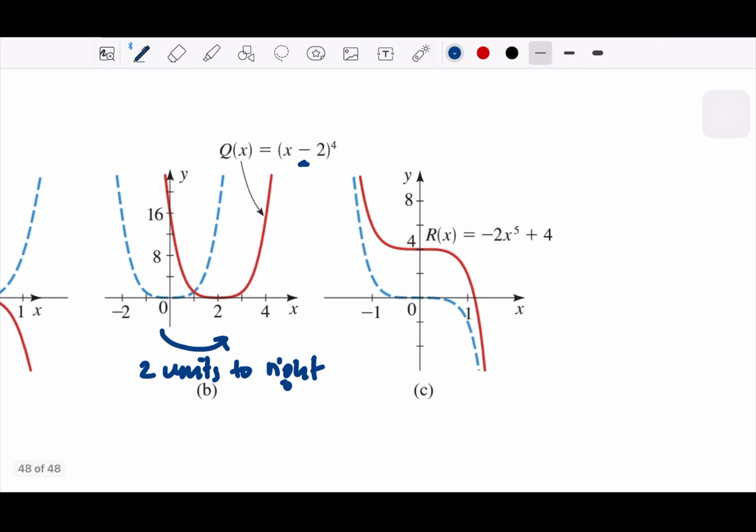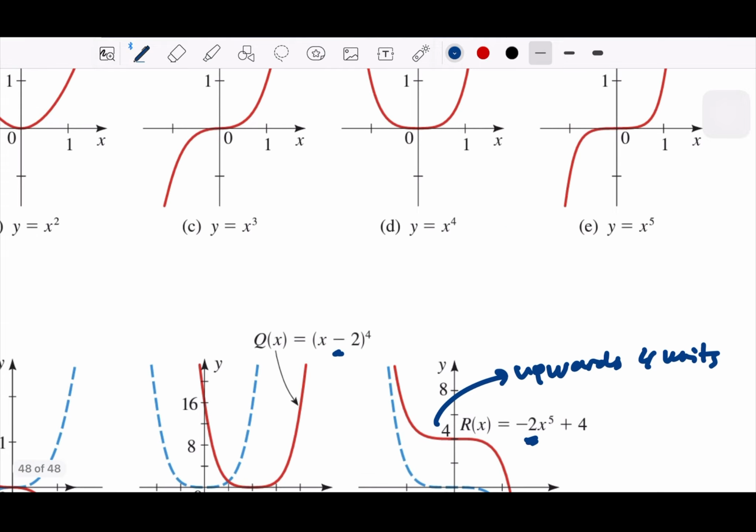Another one is negative 2x to the power of 5 plus 4. So we take this upwards 4 units, and multiply by 2, and by negative also.